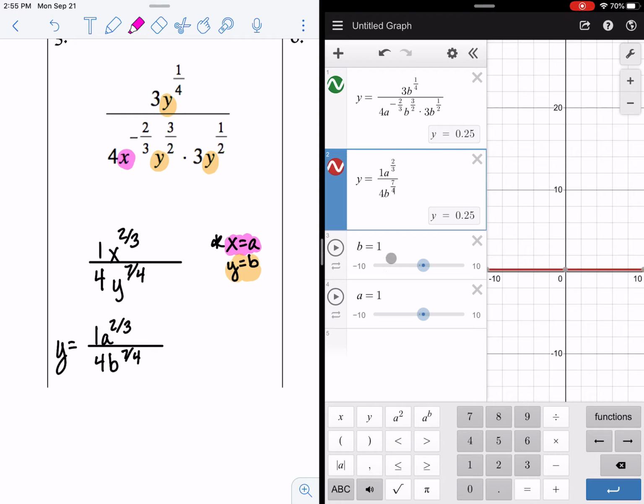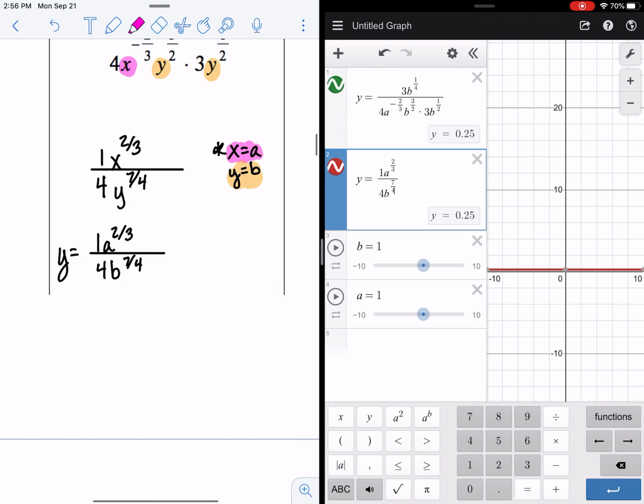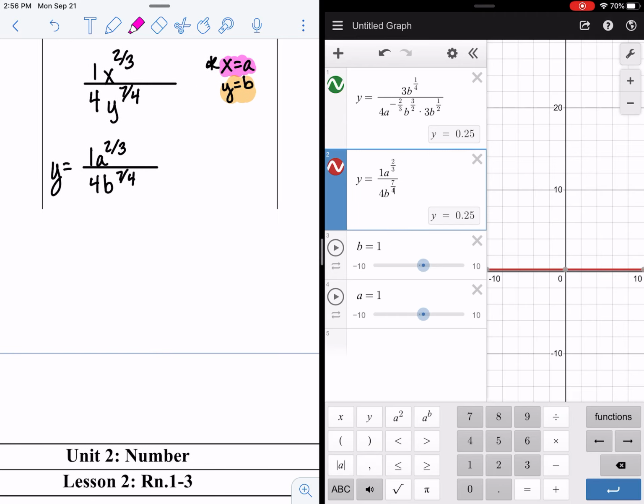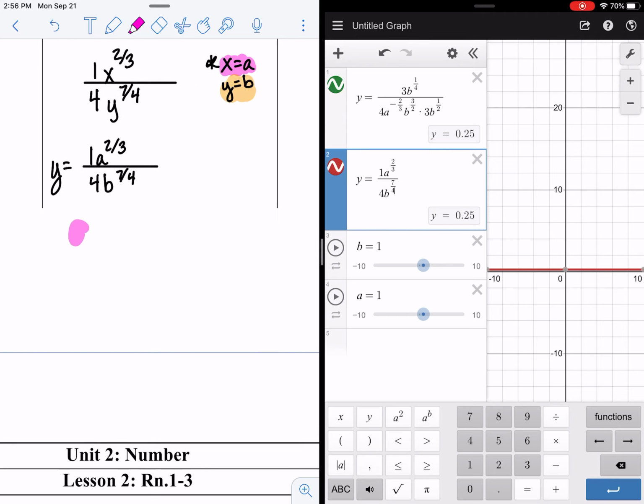Okay, so when a is 1 and b is 1, so I'm going to make this note here. Let the point AB be 1, 1. That gives me 0.25 and 0.25.